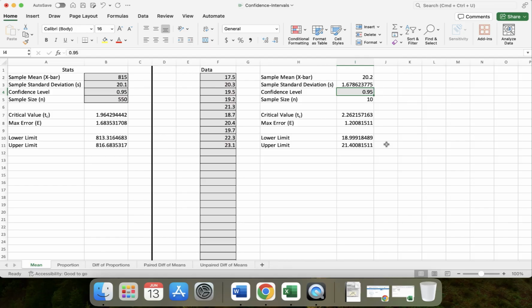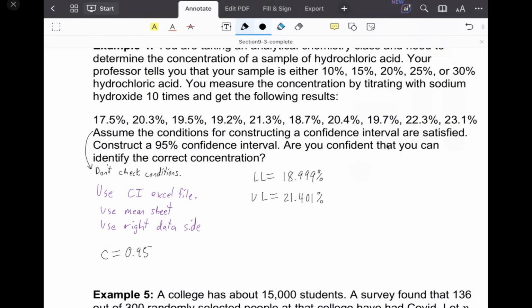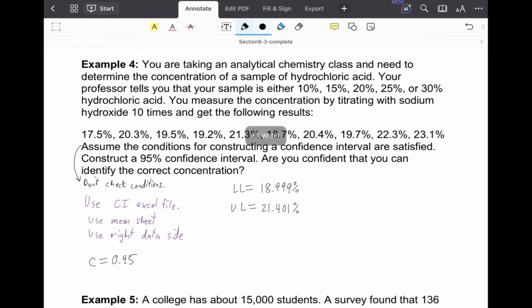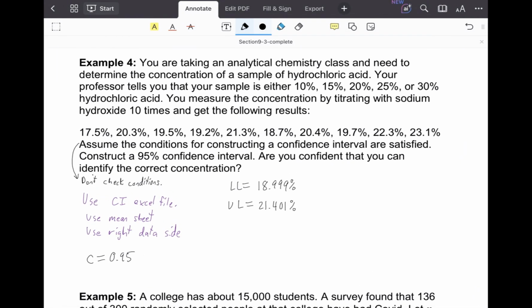Okay, now we have to answer the question. It says, are you confident that you can identify the correct concentration? Well, we look at the range of where we think it is, and there's only one of these concentrations here that falls within that range.